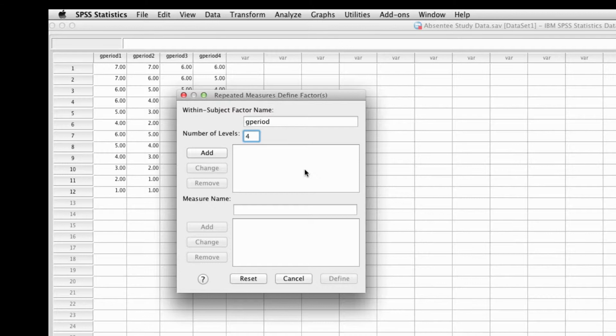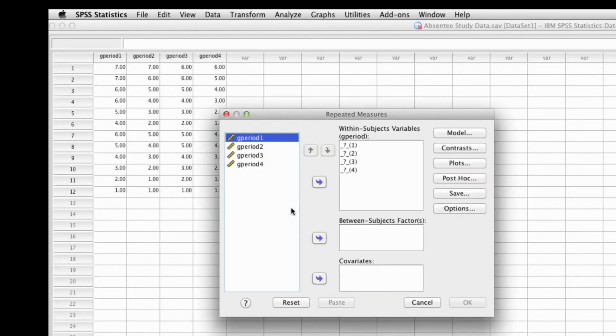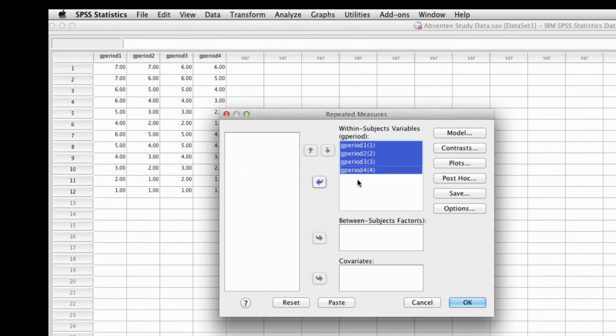So this is just like a factor that we've done with factorial ANOVA, but we have 4 levels. And so we'll add and then define. Click on define. Now we can actually select all of these at once by hitting the shift key, and then we can move them into the within subjects variable box.